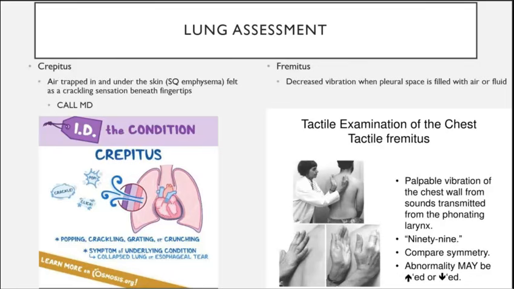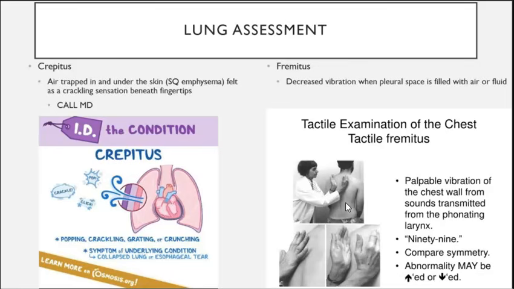The other thing that we can look for is fremitus. So when you were doing your head to toe and you took the back side of your hand, like it is in this picture right here, and you asked the patient to repeat 99 as you tapped on their back, you should hear some vibration in their voice when they're repeating that 99.